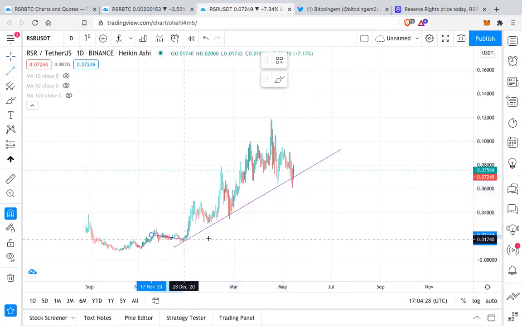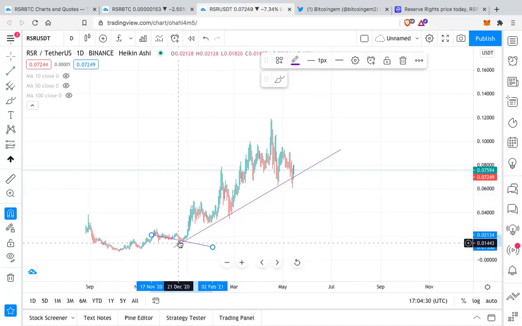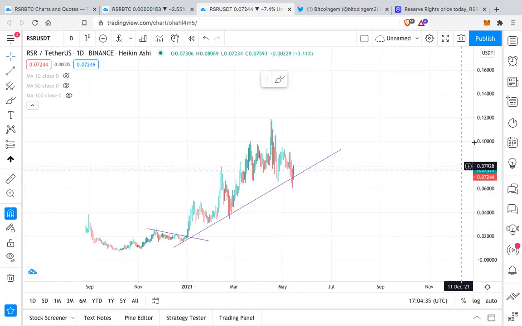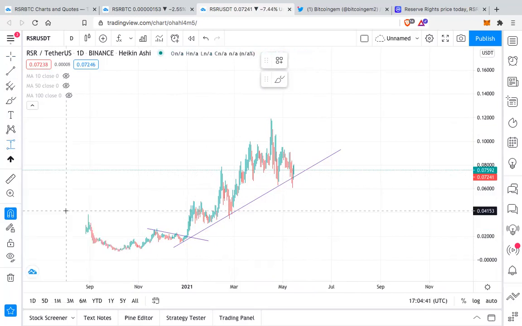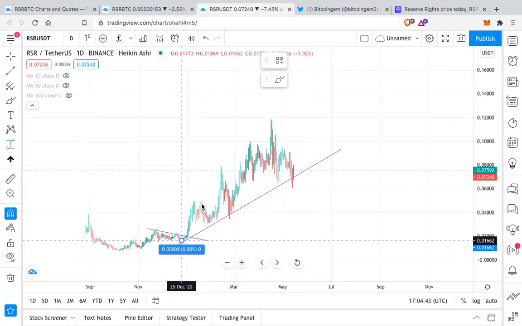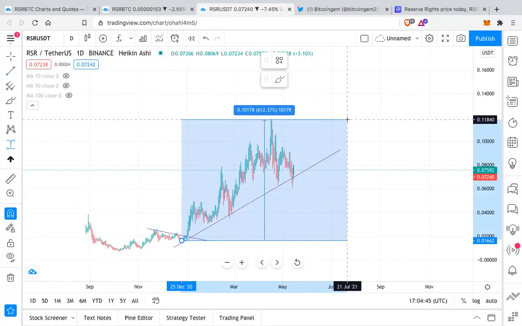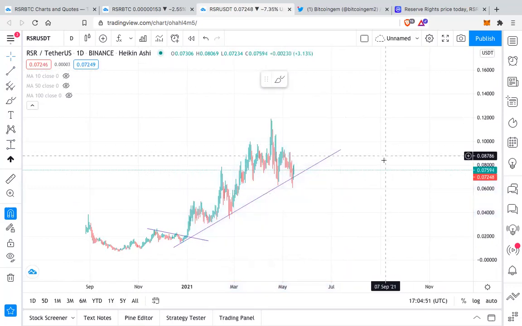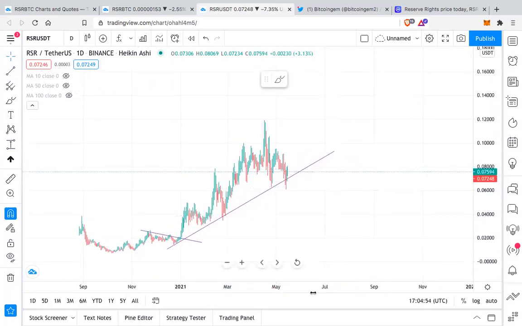Since this breakout, RSR has been on an uptrend and amazing appreciation. Let us just see, so almost a 610% move. So it has been trending really well.